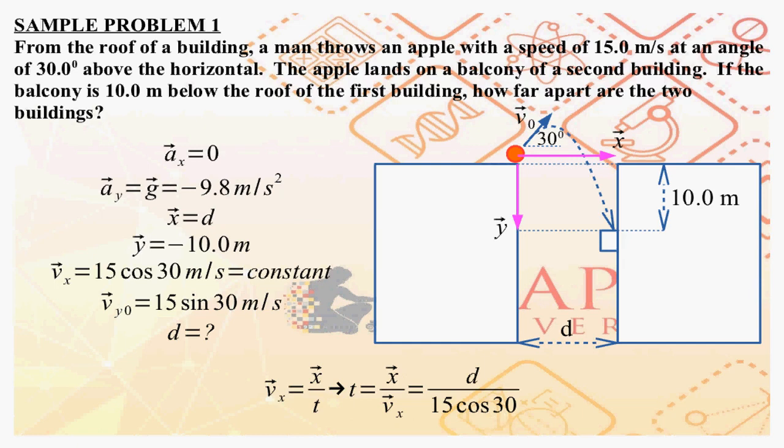We do this because after analyzing the y component, we will unite the two analyses using time t. So in preparation for that, we isolated time t in the x component, and then we move on to the y component.